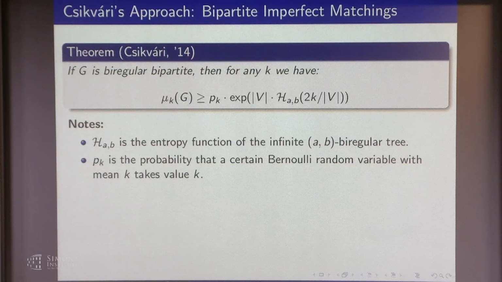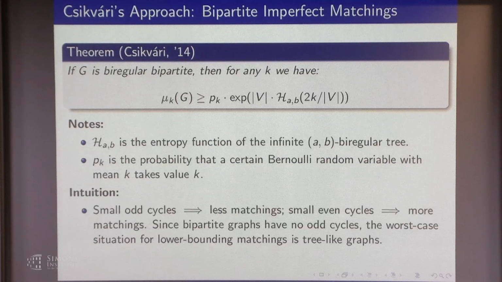Okay, but the point is why you would expect this entropy function to show up is basically this intuition. You have this bipartite graph. You want to count matchings on it, and the intuition comes from the idea that small odd cycles in a graph produce fewer matchings, and small even cycles in a graph produce more matchings. Okay, and if we're in the bipartite case, we don't have any odd cycles, so we can get rid of that.